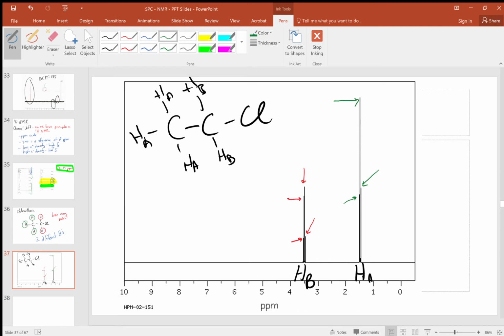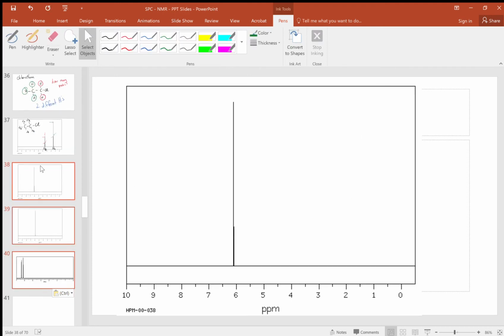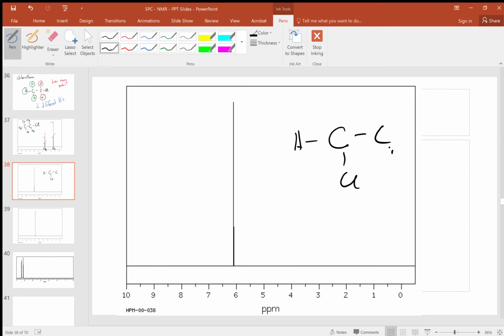And we're actually going to look at several of them. So let's start with this spectrum. So still an ethane derivative because we have 2 carbons, but now we've replaced all but one of the hydrogens with chlorines.